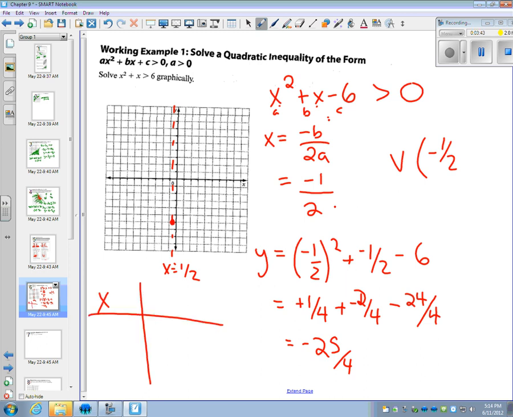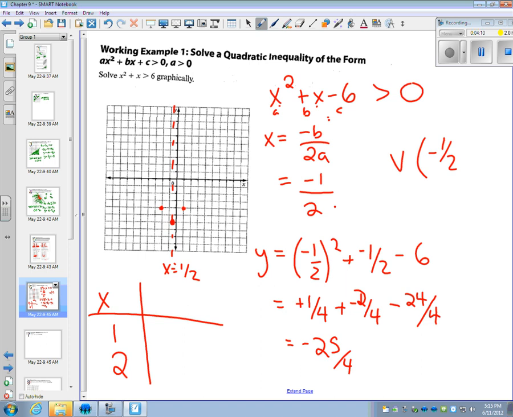Okay, now I just need to find some points. And because of that axis of symmetry, I really only need to find 2 more. So let's see when x equals 1. Well, 1 squared plus 1 is 2, minus 6 is negative 4. Because of the axis of symmetry, this is 1.5 away, so I can just go 1.5 away on the other side. Okay? Let's try the point 2.